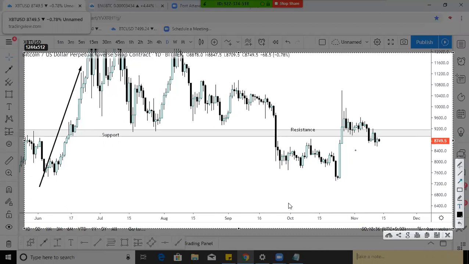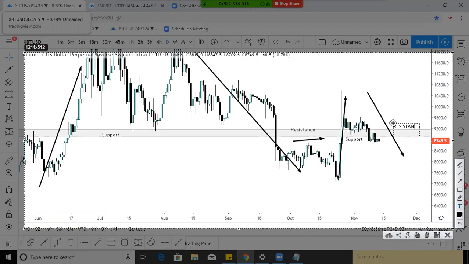Price has moved up, now it will work as support. Now when price has broken it down again and it's moving down, this will work as a resistance area.